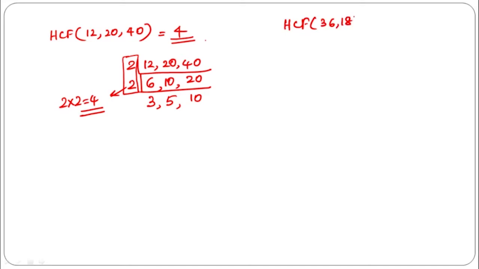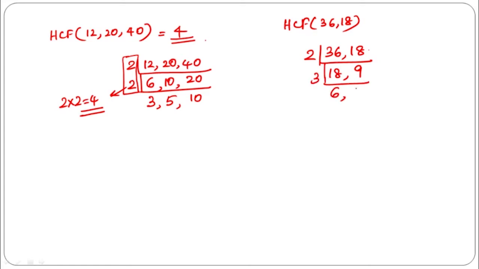Now, let us understand this better by trying to find the HCF of 36 and 18, the same question that we solved in the beginning, using this method. When we divide 36 and 18 by 2, we get 18 and 9. Similarly, for 18 and 9, 3 is the least common factor which can divide these two numbers. So, you will divide by 3 and we will get 6 and 3.